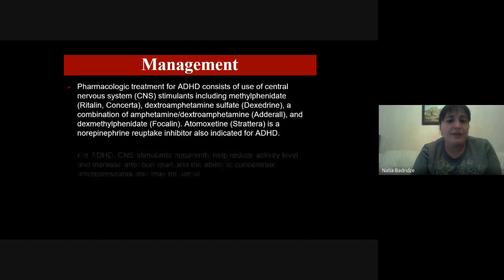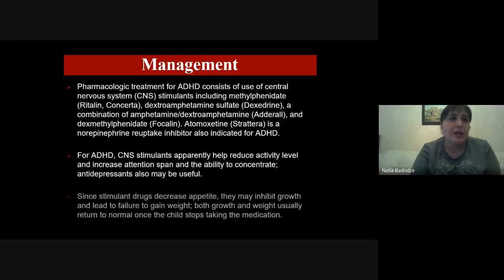So what is the management of ADHD? The pharmacological treatment of ADHD consists of the use of CNS stimulants, which include methylphenidate. Methylphenidate is the drug of choice to treat ADHD.